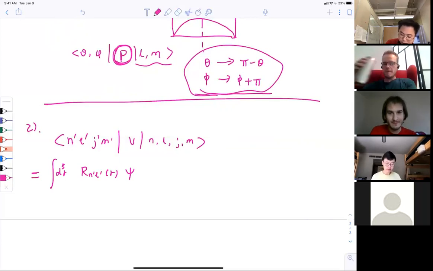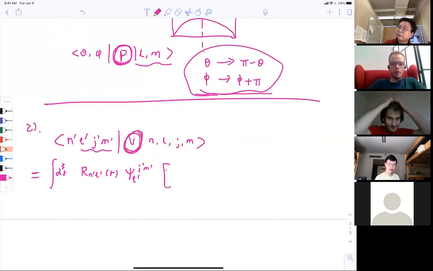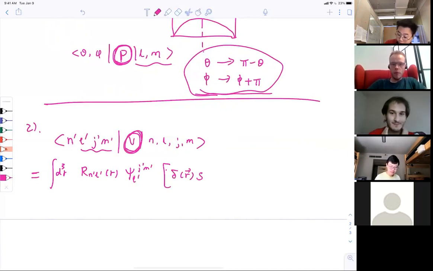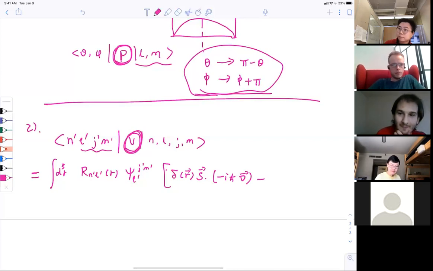I assume the angular part of the wave function is psi, then it's L prime, J prime, M prime, V. So V is given by delta R and S dot. So in the real space representation, the momentum looks like this.